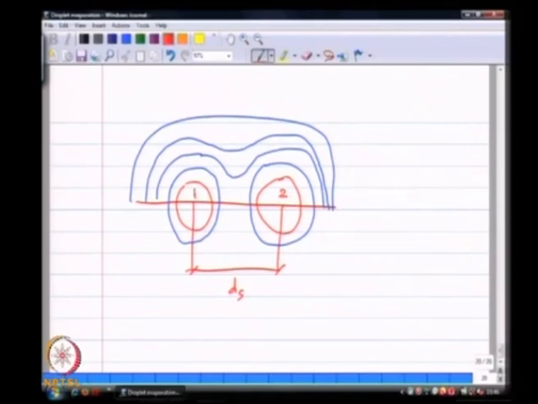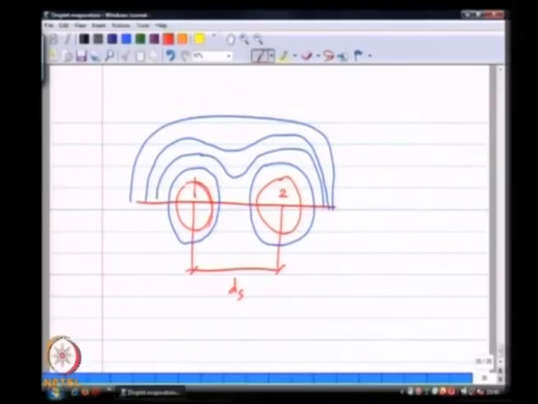the 12 o'clock position to 4 o'clock position, or 12 o'clock to 6 o'clock position, on the first drop sees a different concentration gradient in relation to the concentration gradient that the 6 o'clock to 12 o'clock, the other half of the drop, sees.